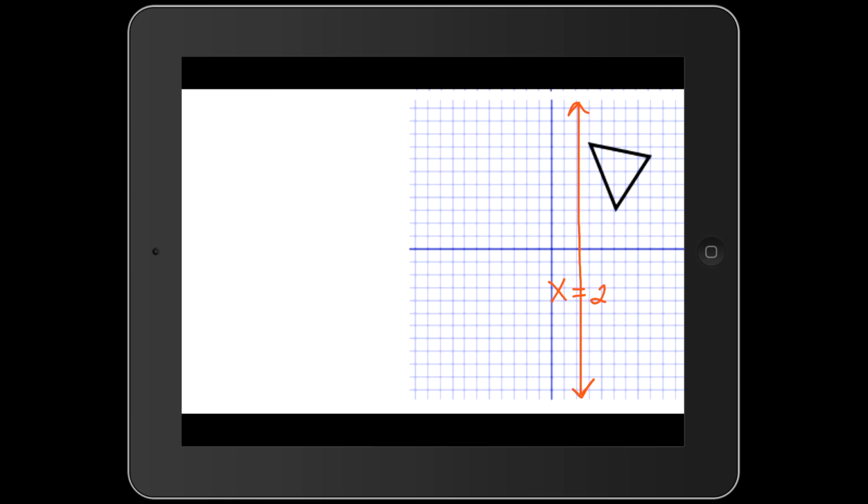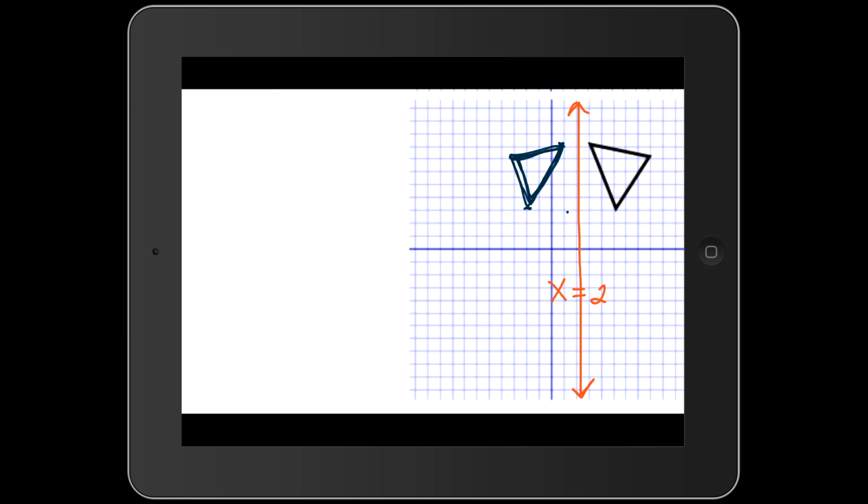So I'm going to take this pre-image, reflect it over, get all my points of the vertices, because that makes it easier. I think I got the point in the right spot. There we go. Okay, so I've reflected over the line x equals 2.